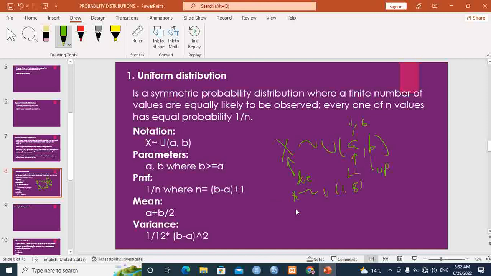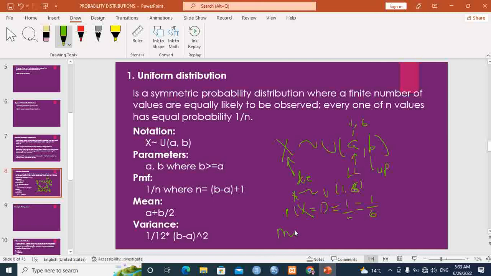So to get the probability of any value, for instance the probability of X equal to 1, it is 1 over n, and n is equal to 6 minus 1 plus 1, so it would be 6. So 1 out of 6 is the probability of getting this.